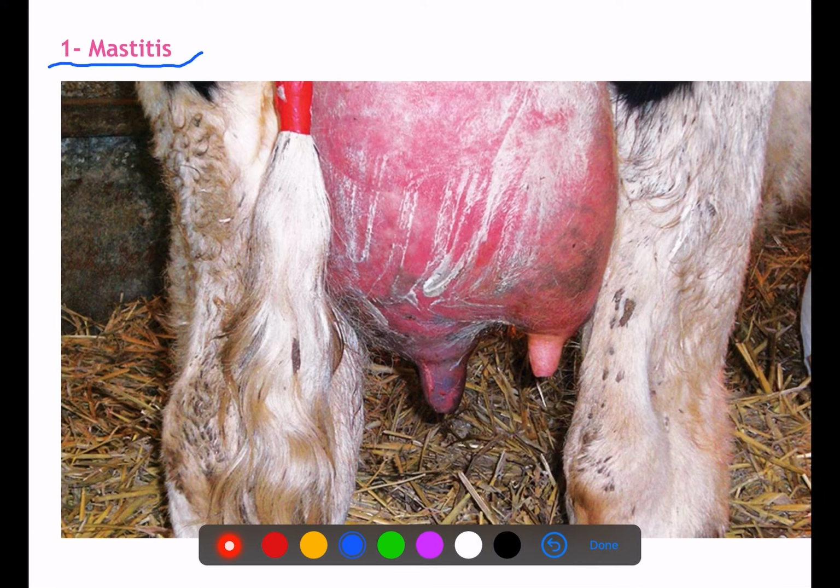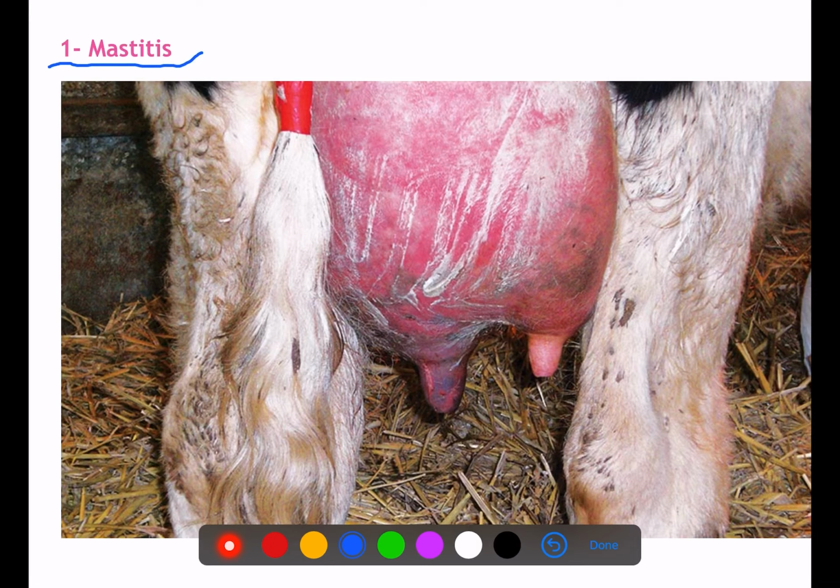This condition is very important in veterinary medical school, because as we know, the economic importance of the cow includes milk production. When mastitis occurs, the milk production will decline or become improper milk for the consumer.